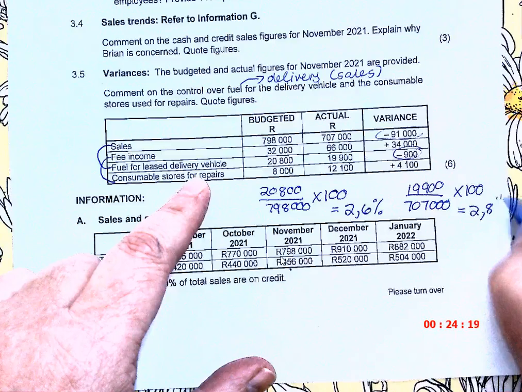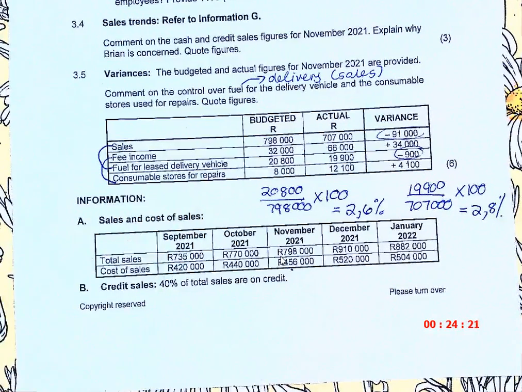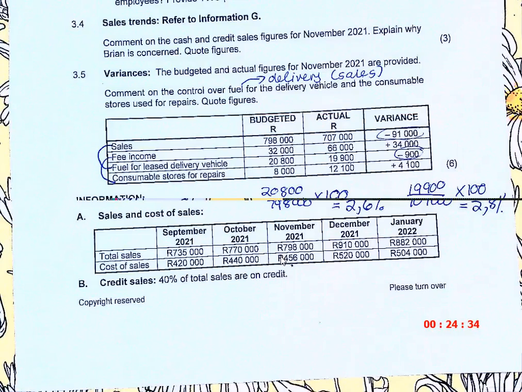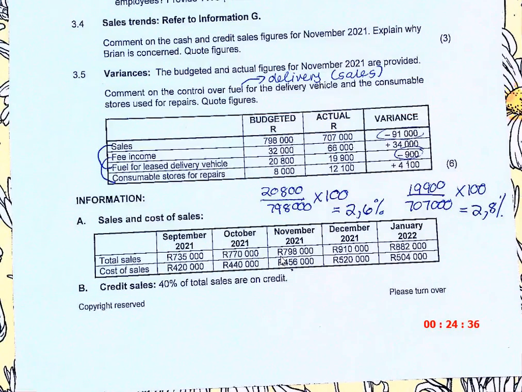Okay, so now what are we going to say? The actual fuel was 2.8% of the actual sales, whereas the budgeted was 2.6. They budgeted 2.6, but the actual is 2.8.